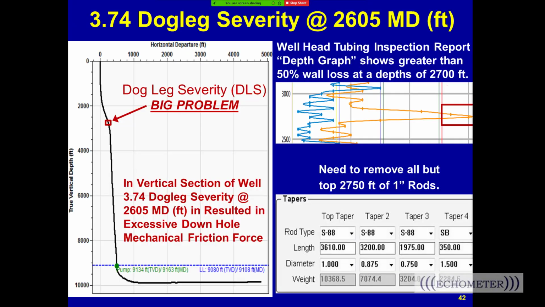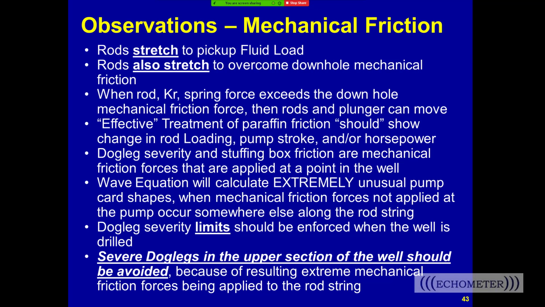All right, let's go on. So what we've talked about is the rods stretch due to fluid load. That's normal. And the rods have a spring constant based on the rod string design, and they act like a giant spring. But the rods also can stretch to overcome mechanical friction, and we've seen that.